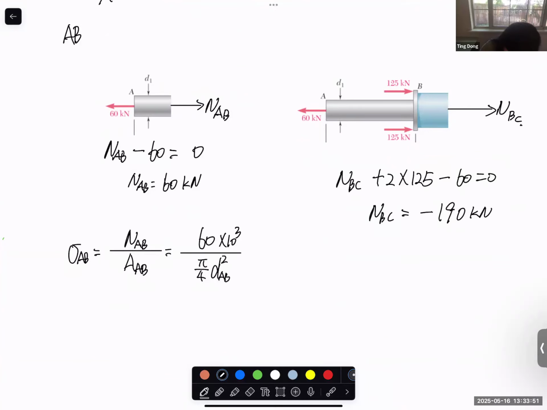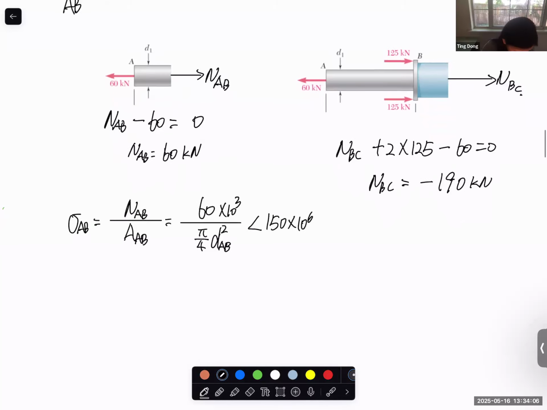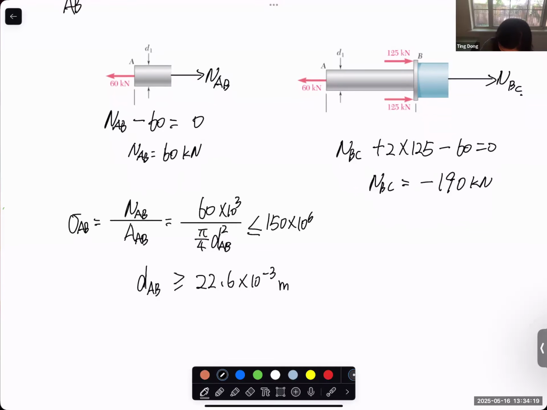DAB squared. So now the dimension for the diameter should be in meters, because I convert everything to Newton meter. And megapascal I also converted to Newton per square meter, 10 to the 6 Pascal. So DAB should be greater or equal to a value in meters. So this is for the AB section.